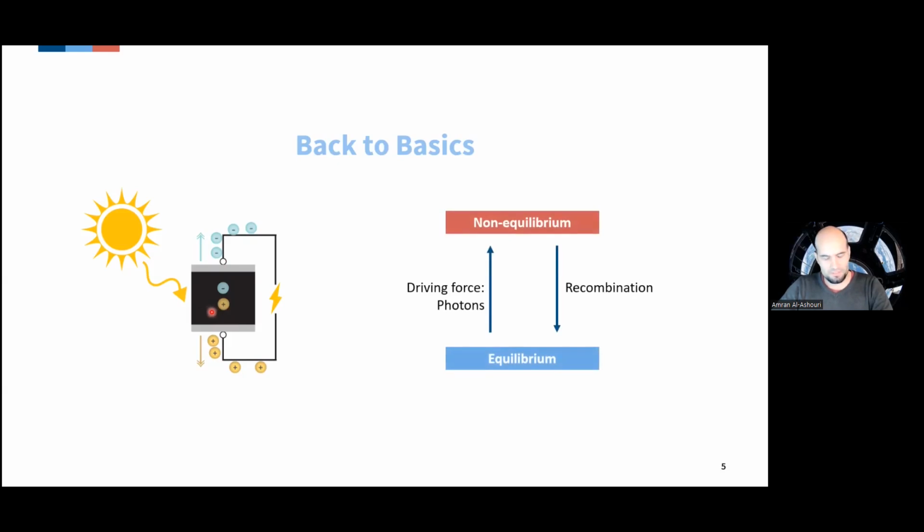What is important to keep in mind is that this process can be a steady state process, but by nature we need a non-equilibrium state to generate a current, right? The only driving force getting the charge carriers out of their thermal equilibrium is coming from the photons by the absorption. And then during their excited state, we have the opportunity to extract them. And a rival process is non-radiative recombination by traps, by interface recombination, and so on.